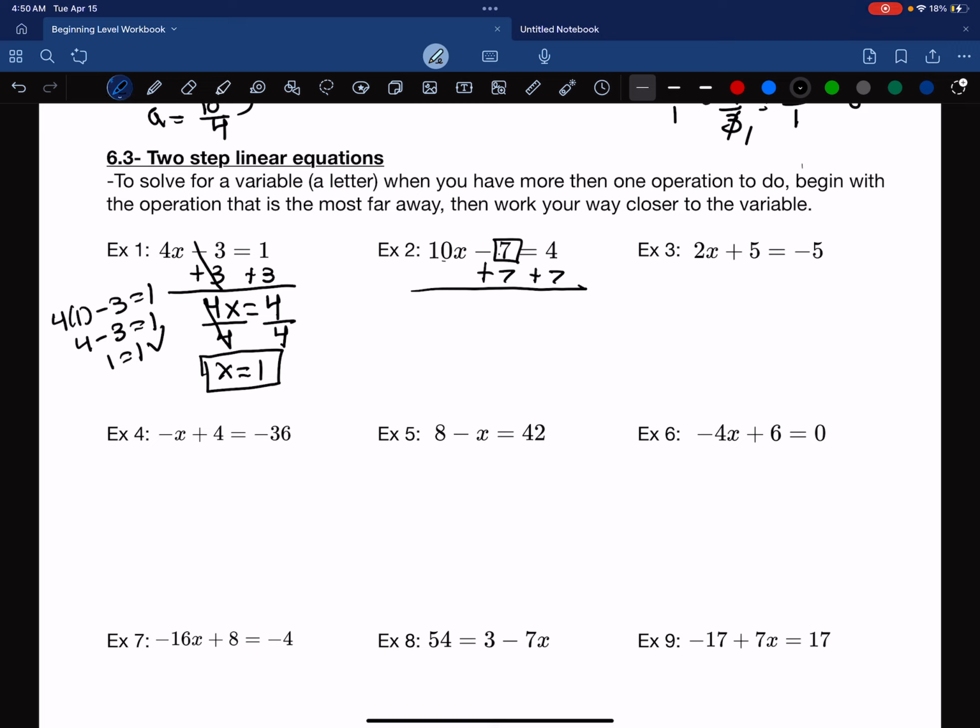So we're going to add 7 to both sides. Those 7's cancel out, and we're left with 10x equals 4 plus 7, which is 11. And then to get this x on its own, we're going to divide by 10 because the 10 is being multiplied by x. So we get x equals 11 over 10.